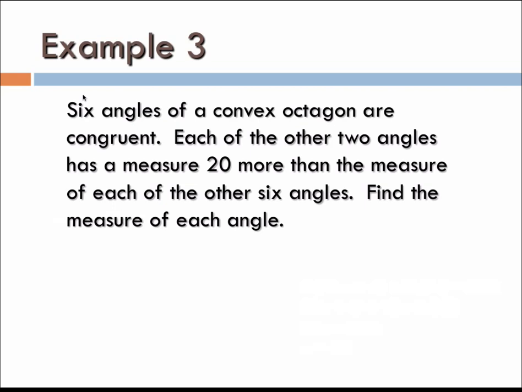This one, however, ramps it up a little bit. You might want to draw a sketch. You don't have to. This is America. How many sides on an octagon? 8. How many angles in an octagon? 8. Good.